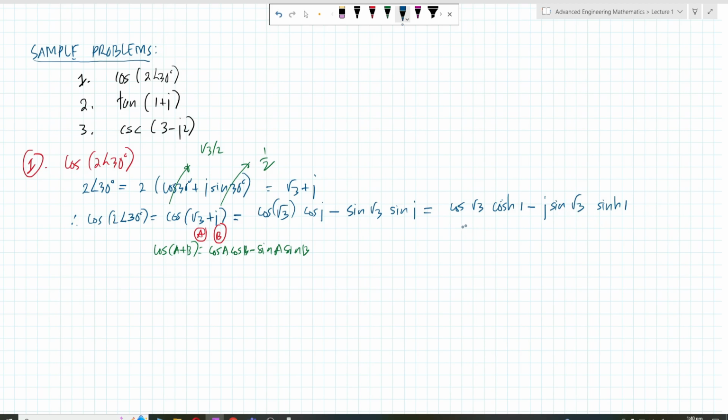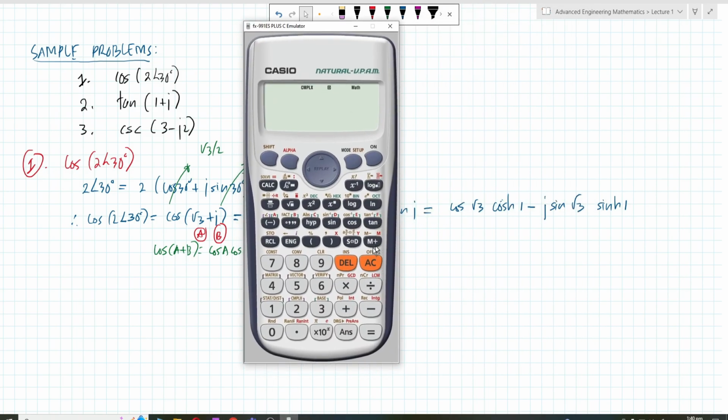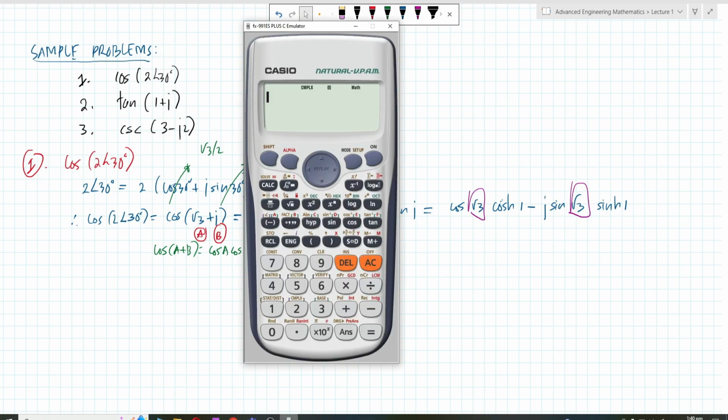Ito guys, calculator na to. Yung part na to, pakita ko kung how to input that in your calculator. Since meron ganito guys, understood naka-radian yan. Kaya make sure before you compute this expression, your calculator must be in radian mode, whatever calculator you are using.